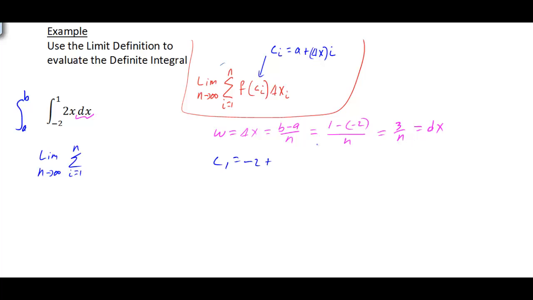Well, we just found delta x here, which is 3 over n. And that's multiplied by i. So this is our c sub i, but we need to find f of c sub i.